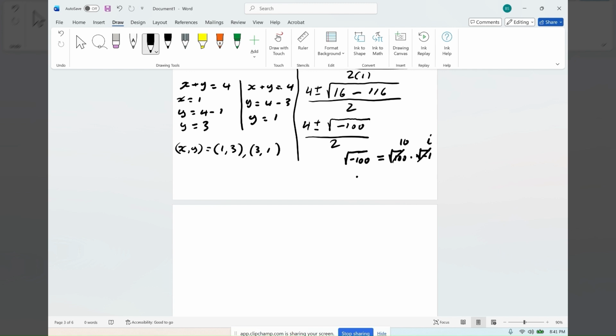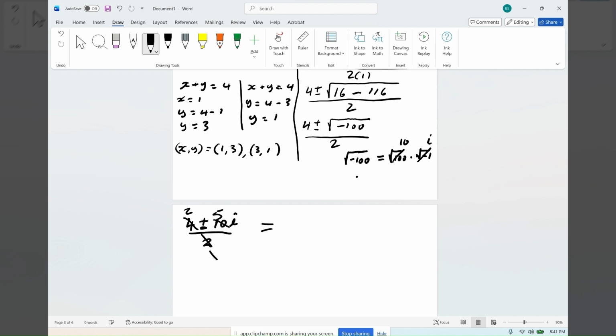We now have 4 plus or minus 10i divided by 2. 2 will go into 4 two times, and 2 will go into 10 five times.